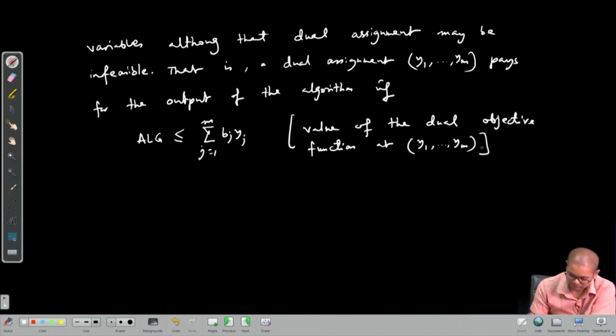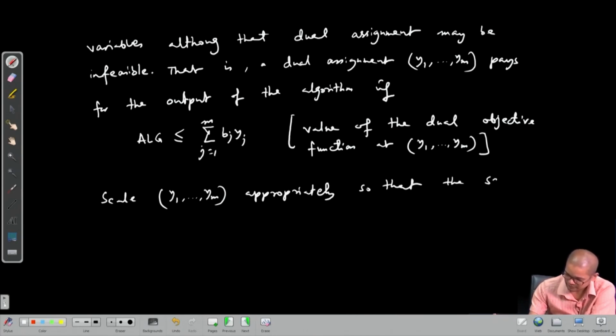And then the second step is to scale y1 to ym appropriately so that the scaled assignment becomes dual feasible.